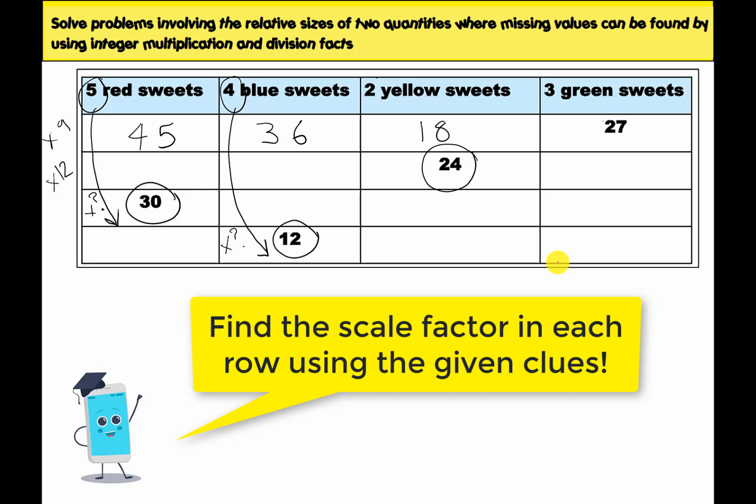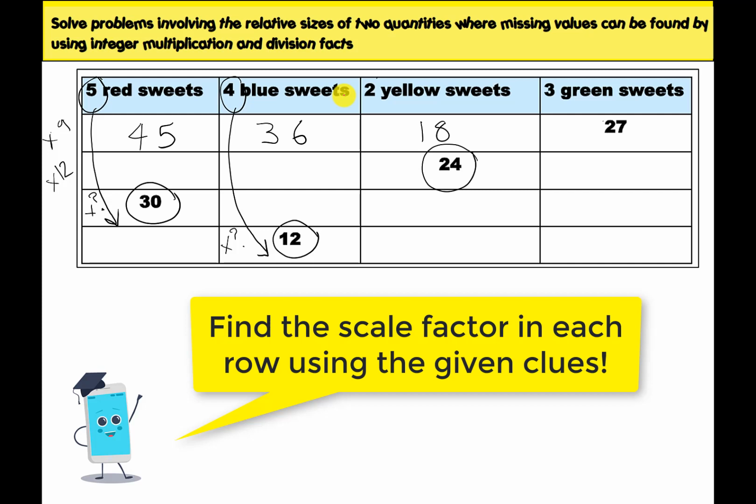You're then going to do the same thing to the ingredients. Now be very careful when you look at your ingredients because you need to take note of the units of measurement as well. So just check whether you're working in millilitres or teaspoons or tablespoons. You're going to look at the clues you've got. So if you've got one clue like we have here, compare it to the original clue, find the scale factor and then apply it to everything else.